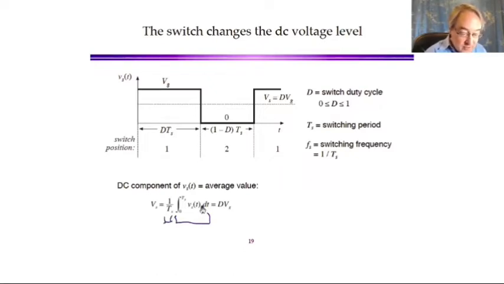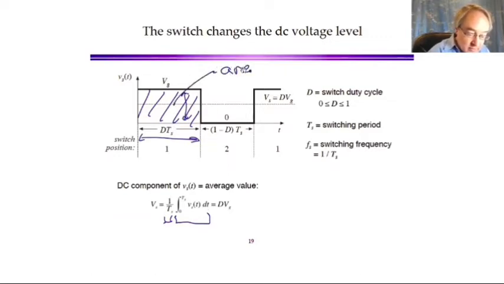So if you integrate this waveform, the integral is the area under this curve, which is this width D Ts times the height Vg. So we get an area of D Ts Vg. And if you divide by the Ts, then what we find for the DC component is that it is D times Vg, where D is the duty cycle, or the fraction of time that the switch is in position 1.